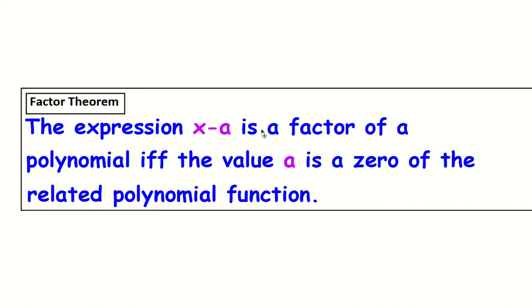I know it looks ugly and very textbooky, but this is what I just got done saying. If you know one of the factors, then you know the corresponding 0, and vice versa. If you know the zeros, you can say what the factors are. It's a very easy leap to go back and forth between the factor and the solution.